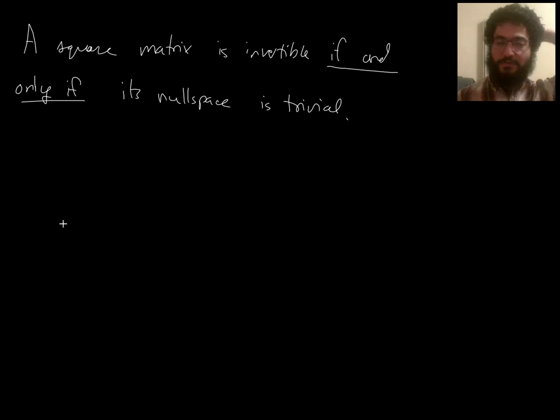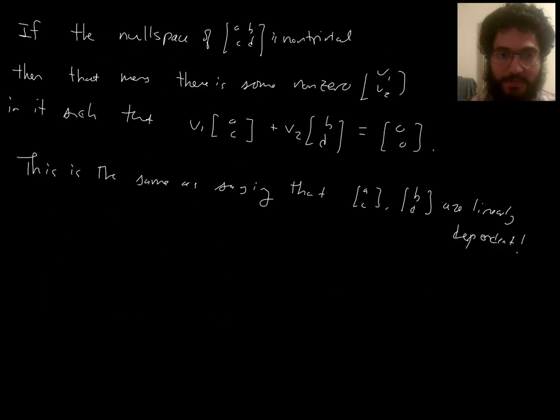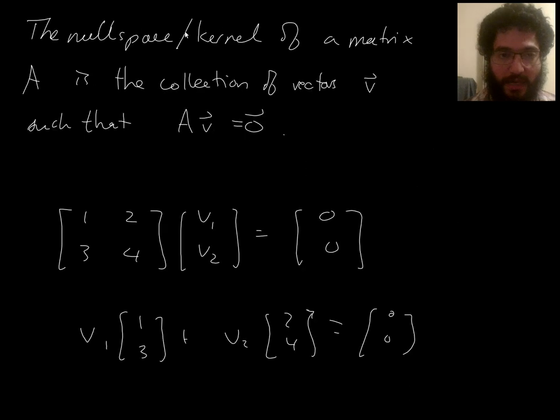Okay, so it would be nice if we had some way of determining whether the null space of a matrix is trivial or not. There are ways, of course, using the definition of null space, looking at the linear system A applied to a vector equals 0 and seeing what solutions there are. Can I find non-zero solutions?